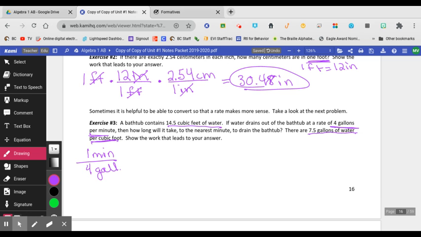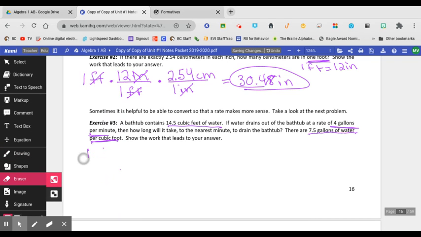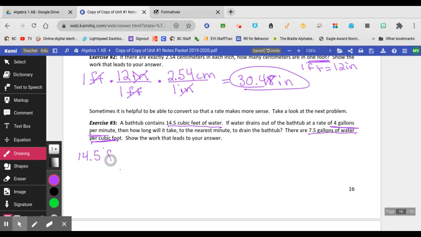Actually, I didn't want to flip the 4 gallons per minute. Sorry, I made a mistake. I'm starting with 14.5 cubic feet of water, that's feet cubed. And now I want to convert that to gallons. So I know there are 7.5 gallons in 1 cubic foot.